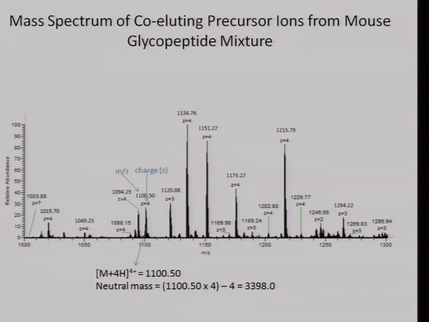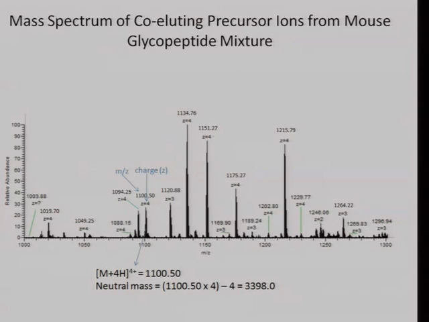So we're going to go through some LC-MS data here. So this is a complex mixture that has been separated by reverse phase chromatography, and as the peptides elute off the reverse phase column, they're being introduced into the mass spectrometer.